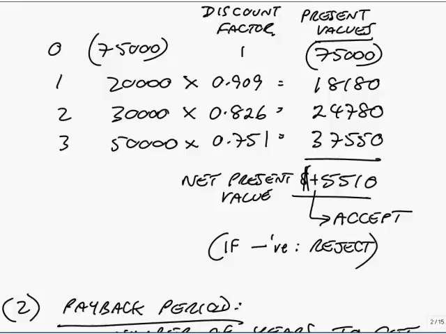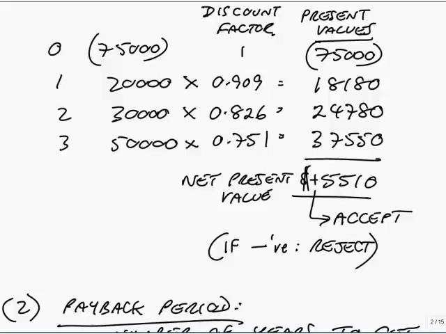Do you agree? And secondly, I hope sensibly, if the rate of interest were 20%, if money's more expensive, the net present value would be lower. You agree? What we're after by definition is what rate of interest would give us an answer of NPV 0. Clear?